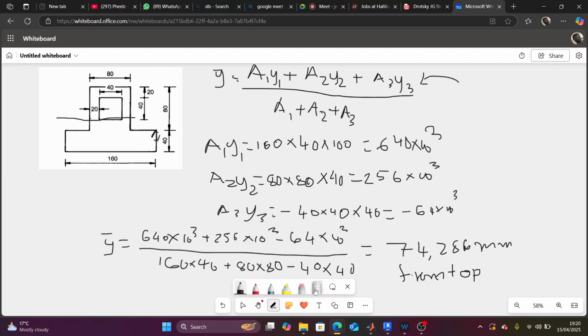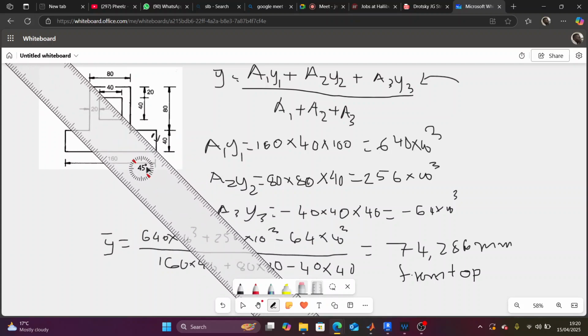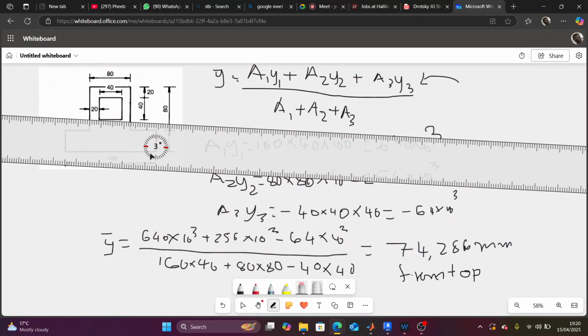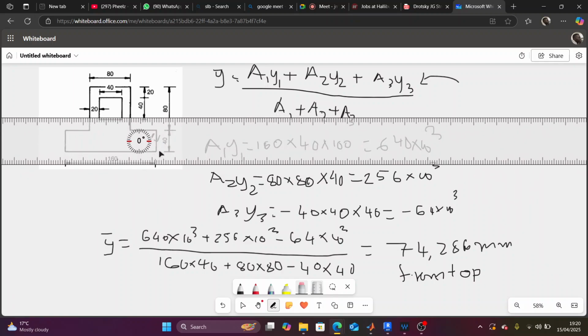Let me use my ruler. It is nicer with the ruler. Technology. Do you see my technology? Yeah, I can see.